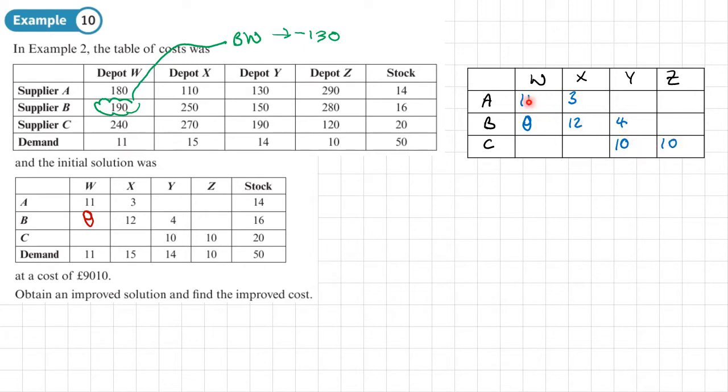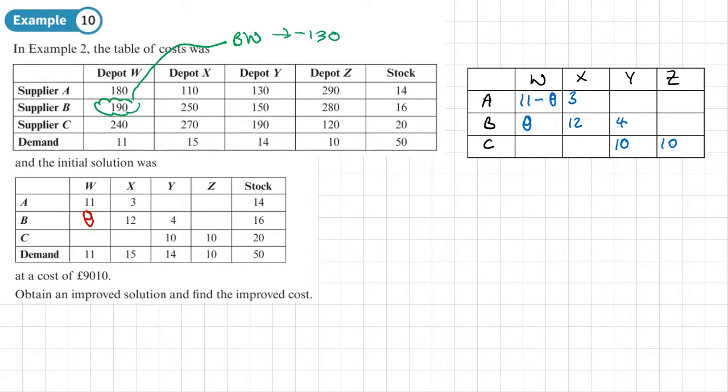So as I said, we want to keep the totals balanced. I know that the total of this column is 11. So that means I need to write 11 minus theta. That keeps this total as 11. Now, if I look at this top row, the total of that top row needs to be 14. So at the moment, this is unbalanced.